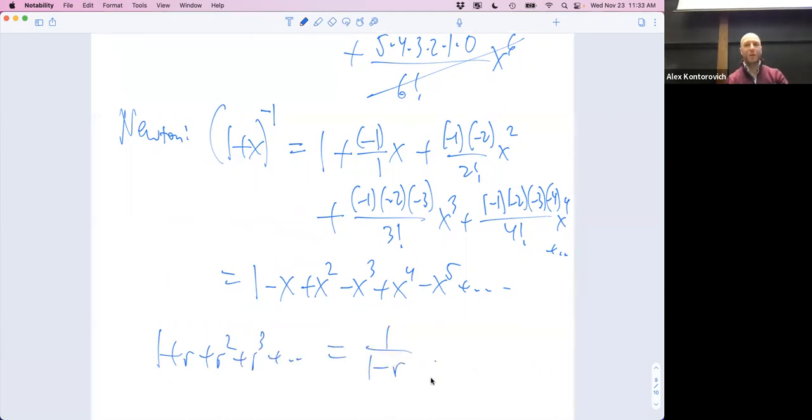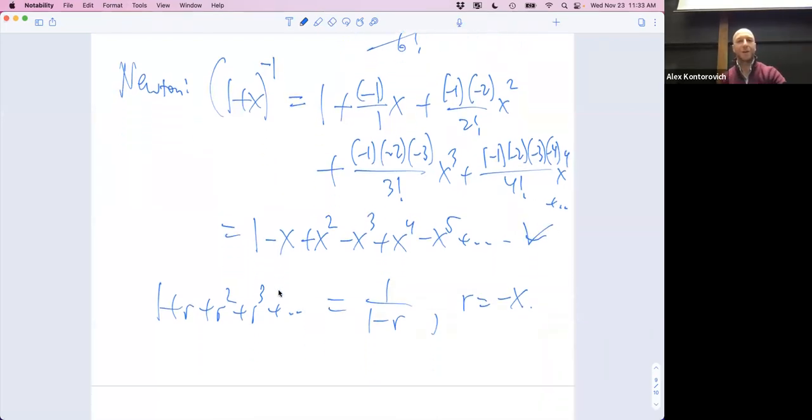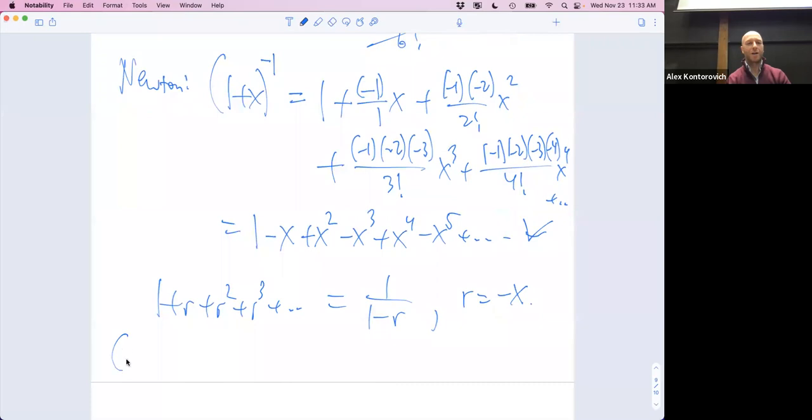If you set r equal to negative x, you get 1 over 1 plus x, which is this. And here you get 1 minus x plus x squared minus x cubed plus x to the fourth, and so on. All right, so that seems to work out. Then he says, wait a second, what if I do this with, what's (1 plus x) to the 1/2?